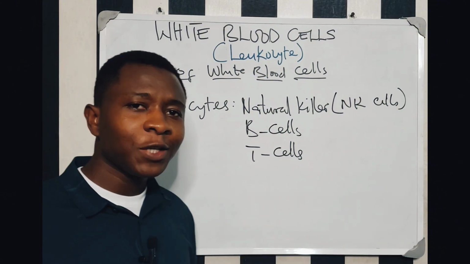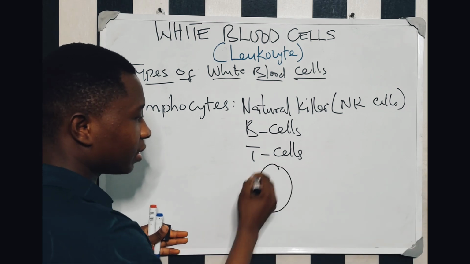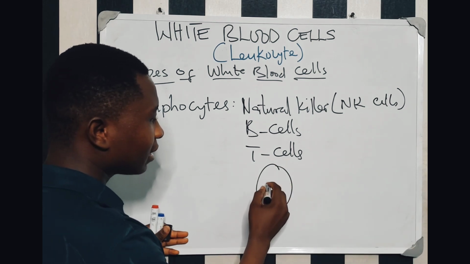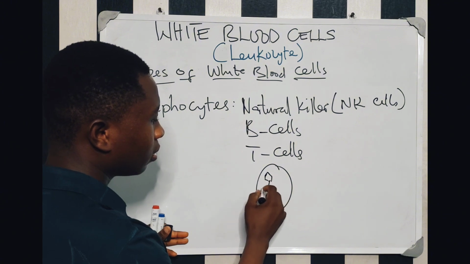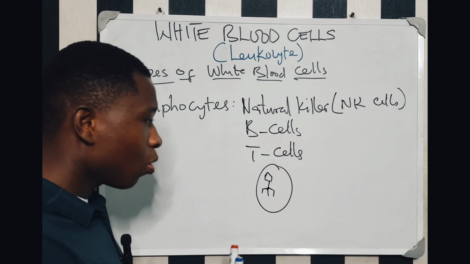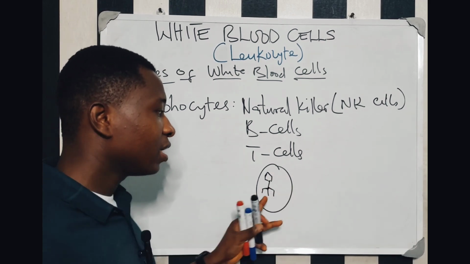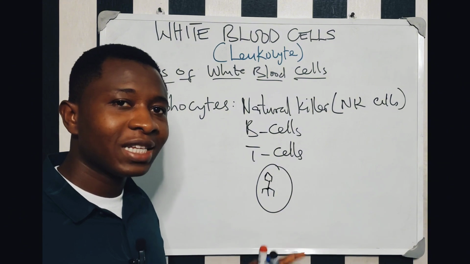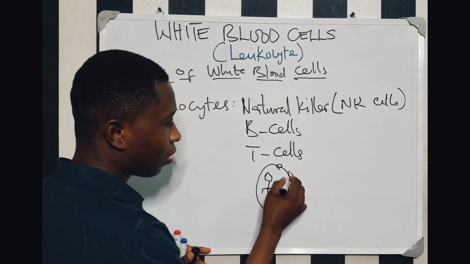The natural killer actually kills the cell with the virus inside. So let's assume that this is a cell that has a virus inside, maybe a bacteriophage inside. Now one thing you should know is that when viruses infect a cell, it leaves a precursor on the surface of the cell.